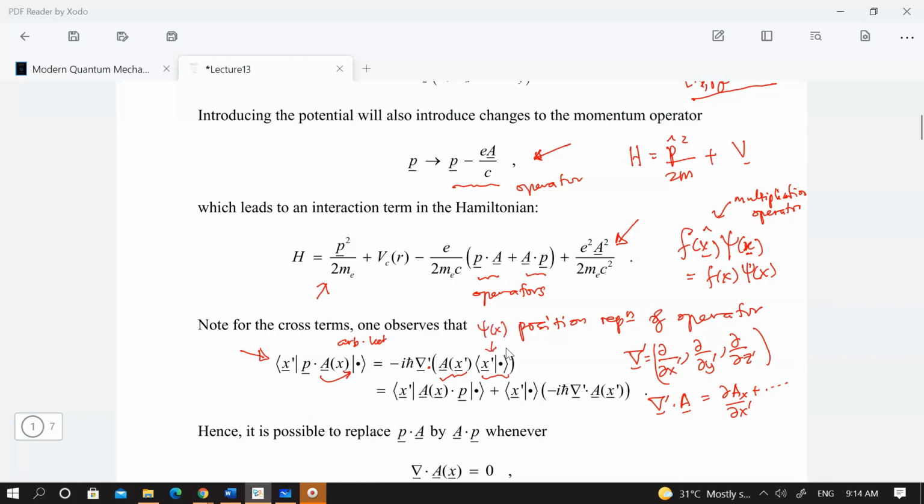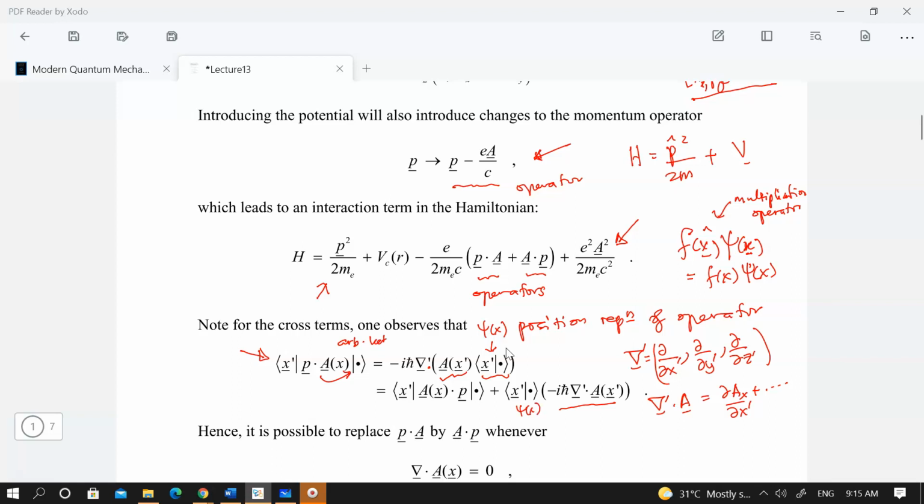Now there will be a part where it actually acts on this vector potential, and that gives you this. Then this will be just your wave function here.